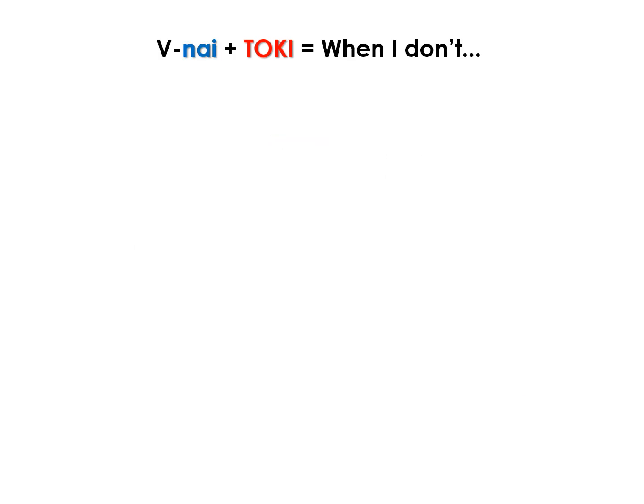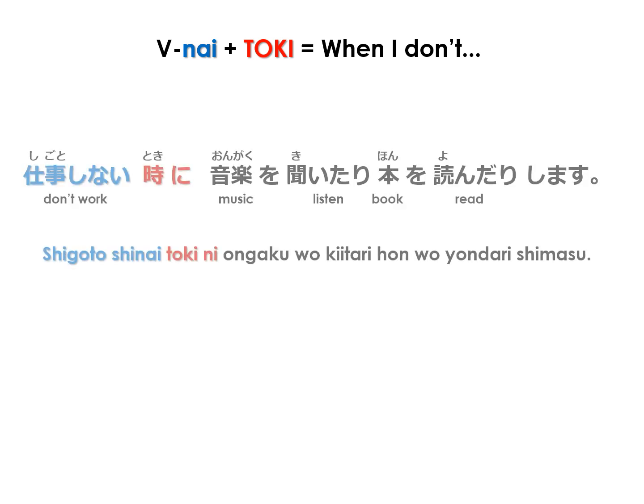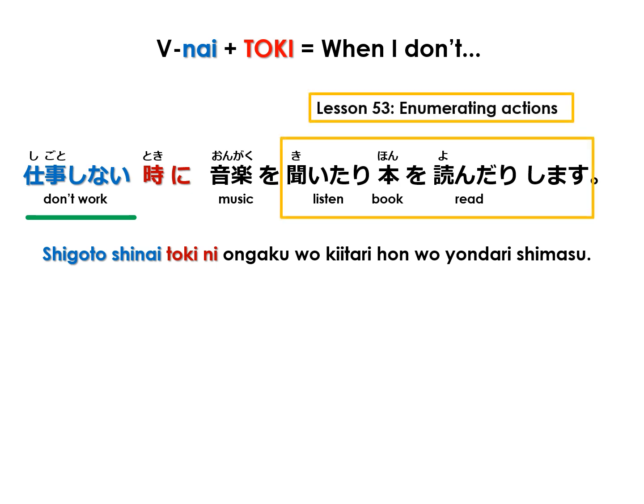We can also use verbs in the plain non-past negative plus toki to make nai-toki to indicate the time when I don't do. For example, 仕事しない時に音楽を聴いたり本を読んだりします。Our V1 is 仕事しない and our main verb is a taritari suru conjugation which enumerates actions in no particular order.